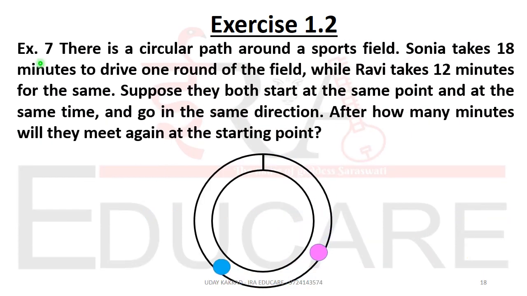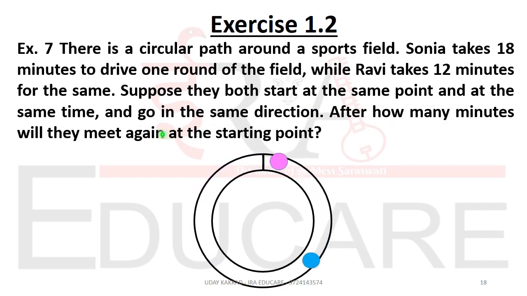Now example number 7. There is a circular path around a sports field. Sonia takes 18 minutes to drive one round of the field, while Ravi takes 12 minutes for the same. Suppose they both start at the same point and at the same time and go in the same direction.